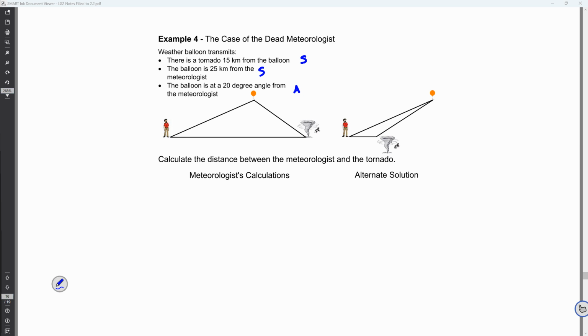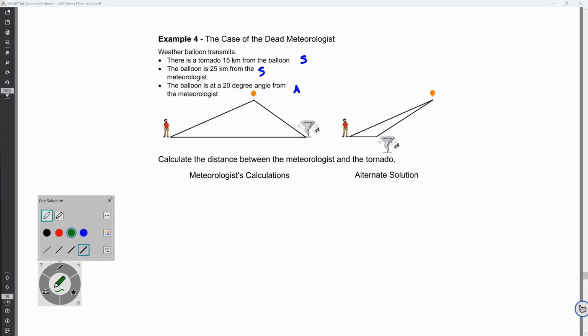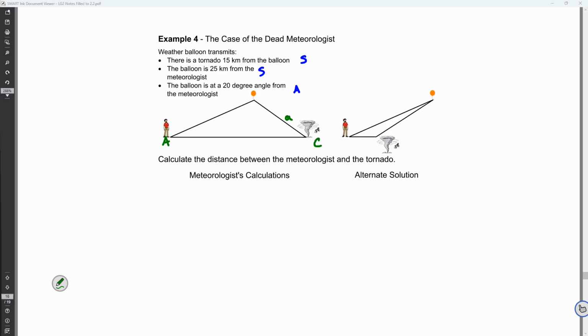This means we're going to have two cases. I'm going to write all my cases down. My meteorologist is A, which means our side length here is A. My tornado can be C, and my balloon is B, and side length B.